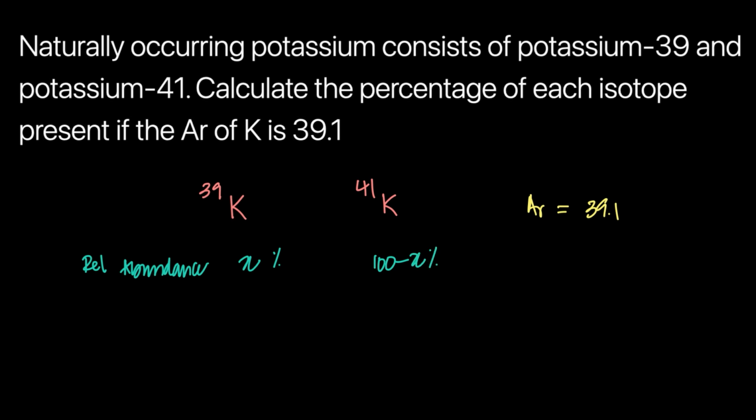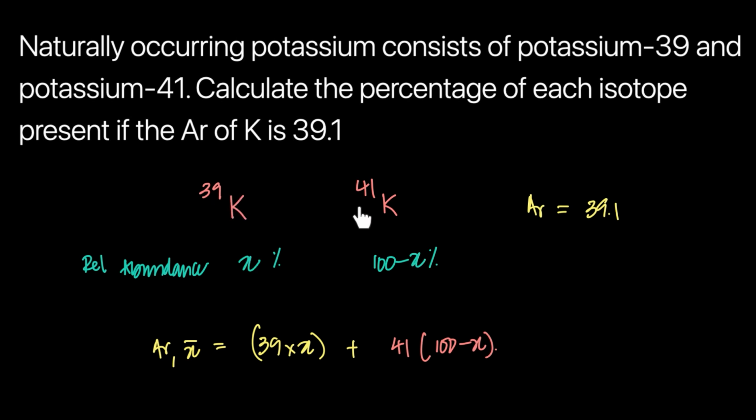So the way this works out is that if you want to find the AR, which is the weighted mean, you take the mass of 39 times its abundance X, and the mass of 41 times its abundance, which is 100 minus X. In this case, you could have taken X and 100 minus X, or vice versa.